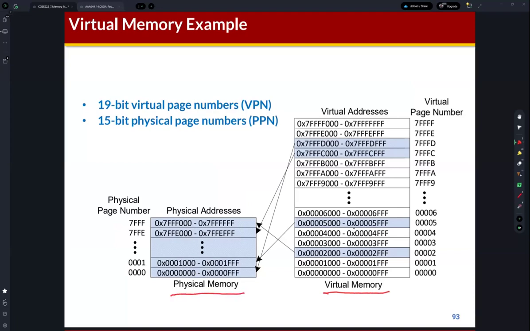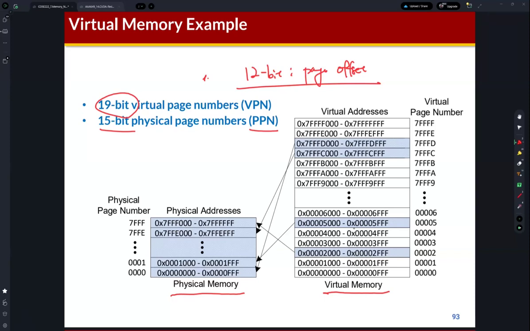Let us assume that the virtual page number occupies 19 bits of the virtual address, and the physical page number occupies 15 bits of the physical address. And the lower 12 bits are the page offset.